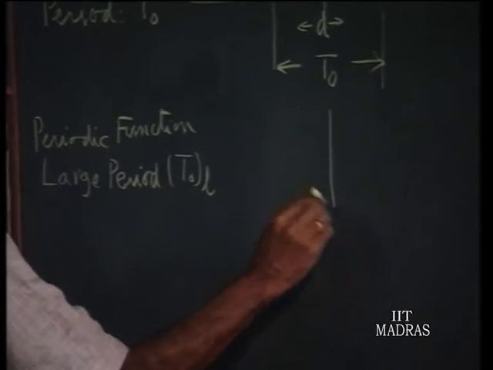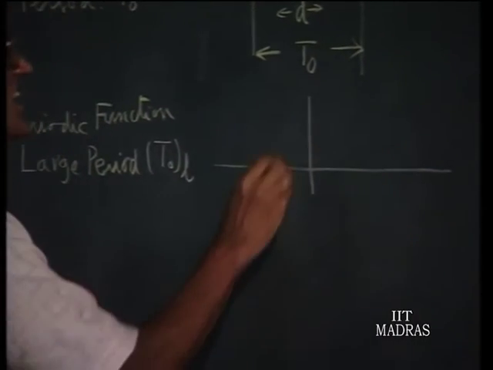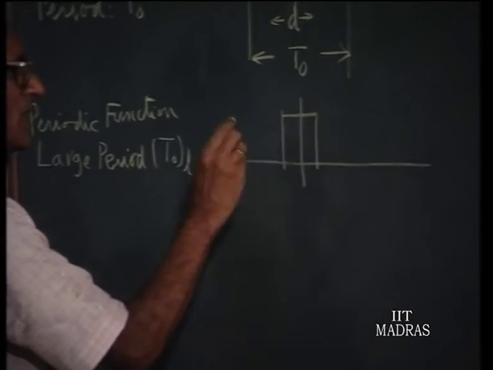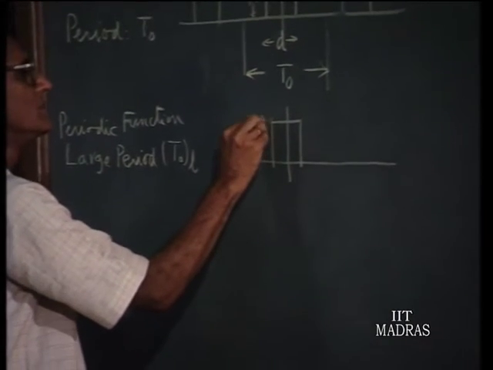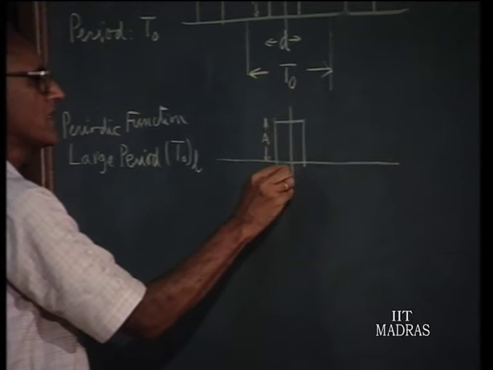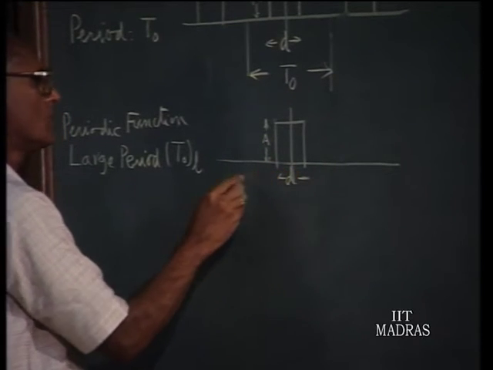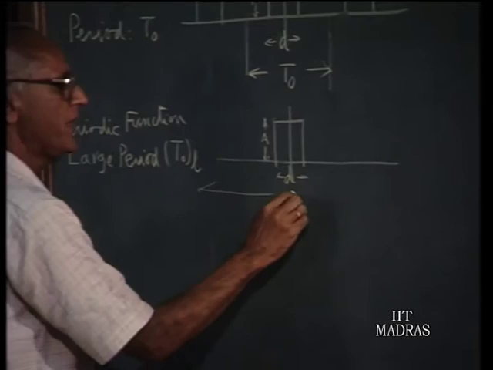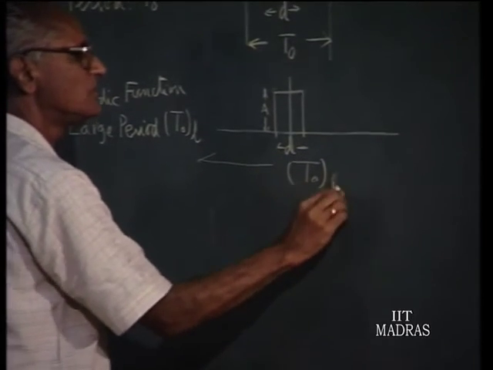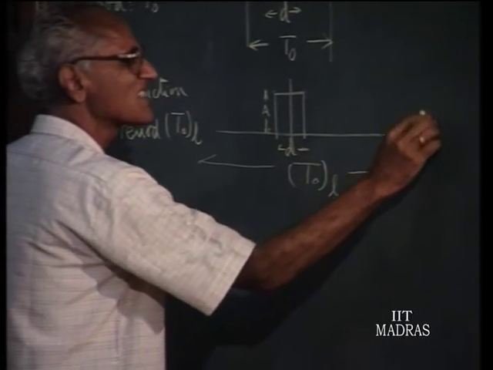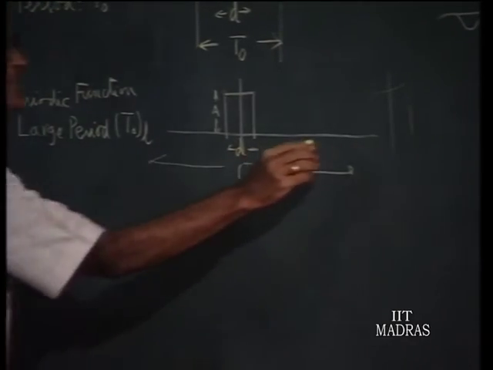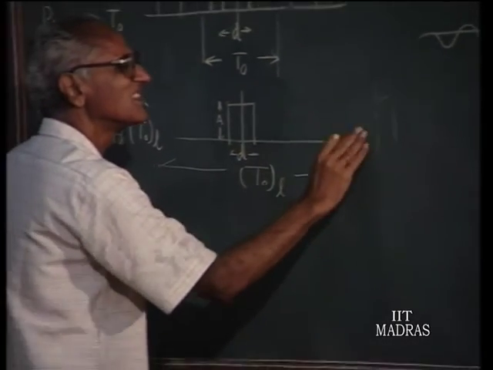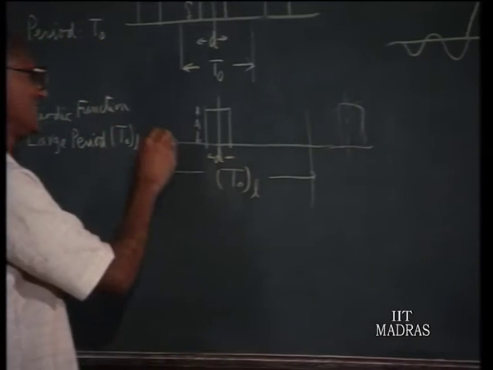I have the same pulse of amplitude A, duration d, but the period is very large. That means the next pulse occurs after a long period.